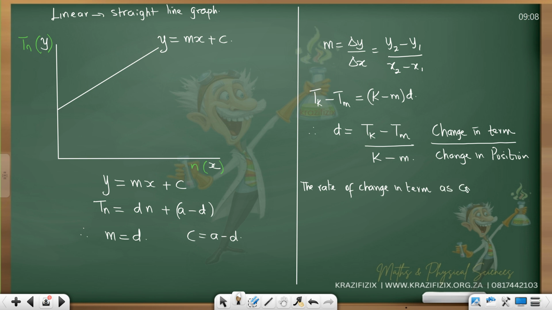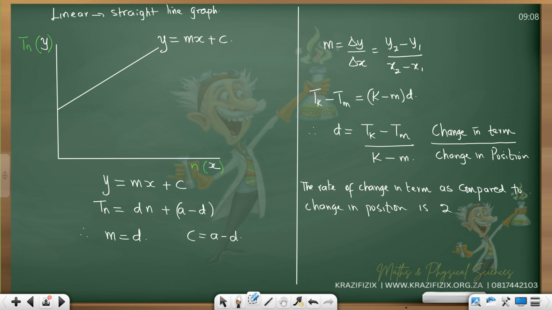As compared to the position is 2. What am I saying? The change in term as compared to the change in position.